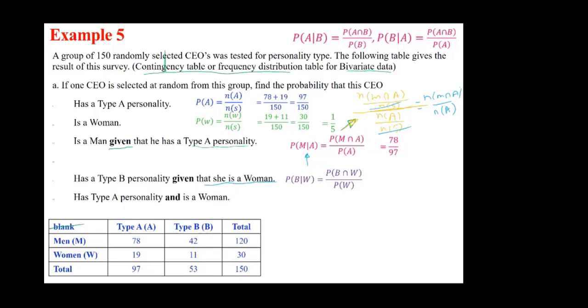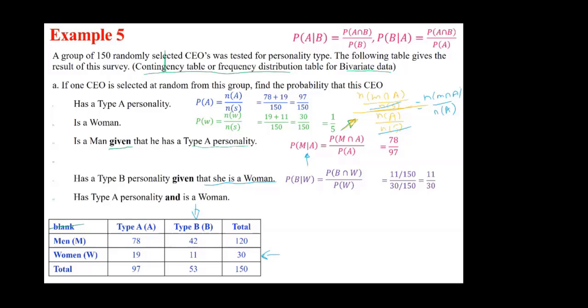So you want to start with the denominator. Now you look at the B personality, the column that has type B and the row that has women, and you put them together, and the common number is 11 out of 30. So you're looking at this column and this row, putting them together, and you see the number 11 is in common.